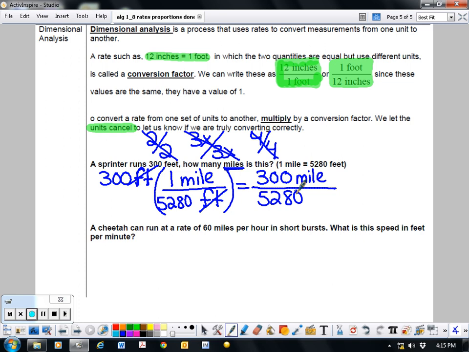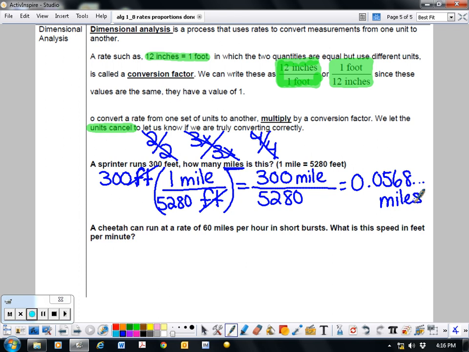So we'll divide to find the unit rate. So 300 divided by 5,280 gives me 0.0568, and I'm going to draw dots to show that it keeps on going. Miles. And that's how I convert.